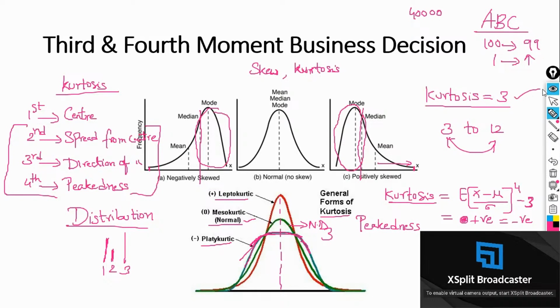You are taking the reference, so you are supposed to remove it. Whatever value you get, subtract 3 from it. Again, if you get a positive value, you'll get a sharp, tall peak with long tails. If you get a negative value, you'll get a wide peak with no tails. So that is the clear explanation for kurtosis.